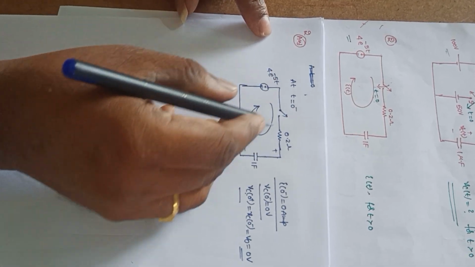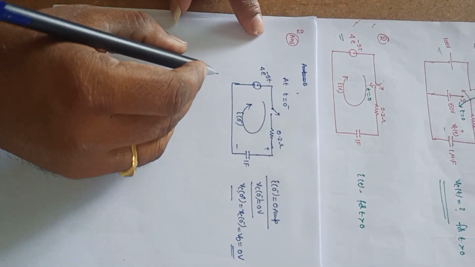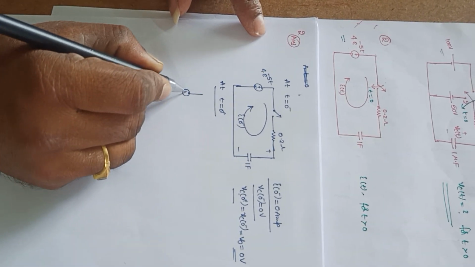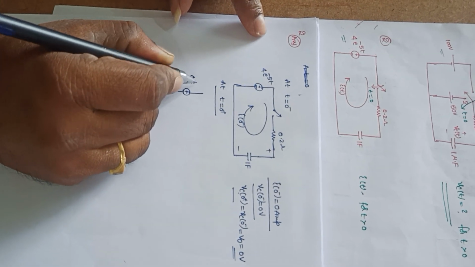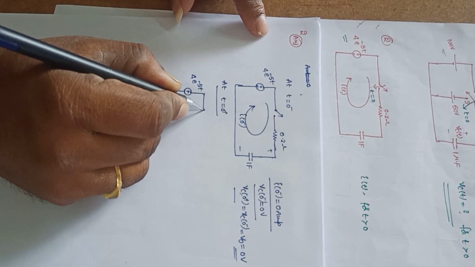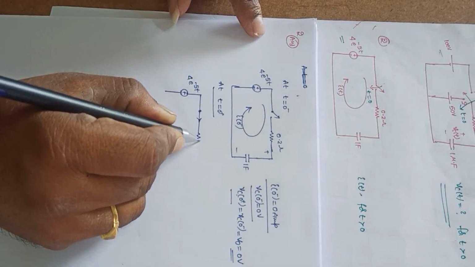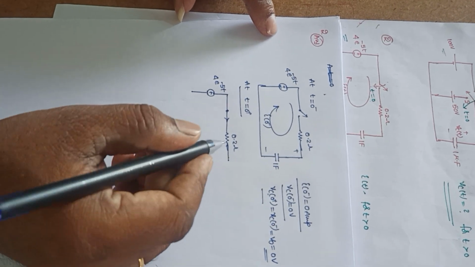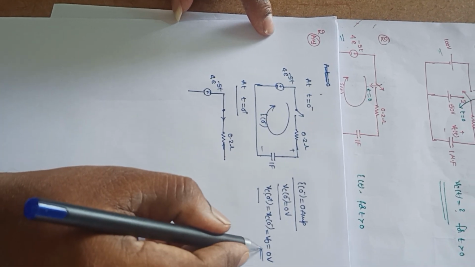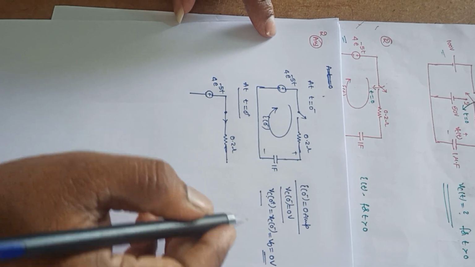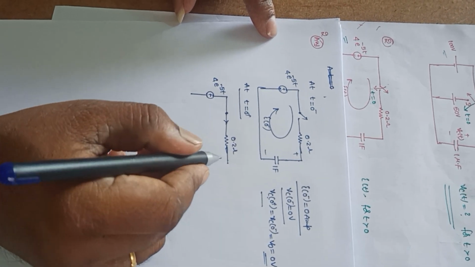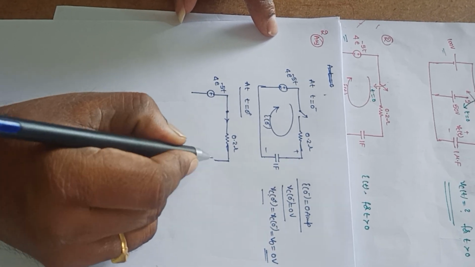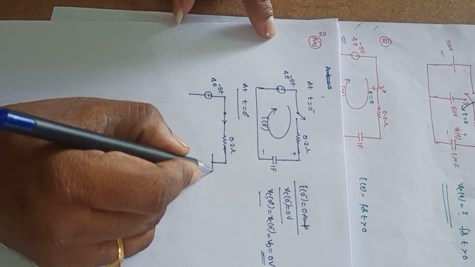Let me draw this circuit at t equal to 0 plus. The source is 4 into e power minus 5t, the switch is closed, and the resistor is 0.2 ohms. What is the voltage across the capacitor? It is 0 volts, so it is short circuited.